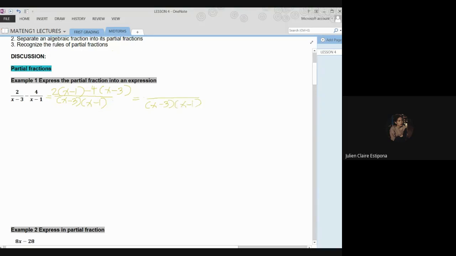So that one will become 2x minus, of course, that is 2 minus negative 4 times x, that is negative 4x plus, okay, that is 4 times 3, that is already 12, since negative times negative is positive. Okay, so combining like terms again, that is 2x, negative 4x, that will become negative 2x plus, of course, positive 12 minus 2, that is plus 10.